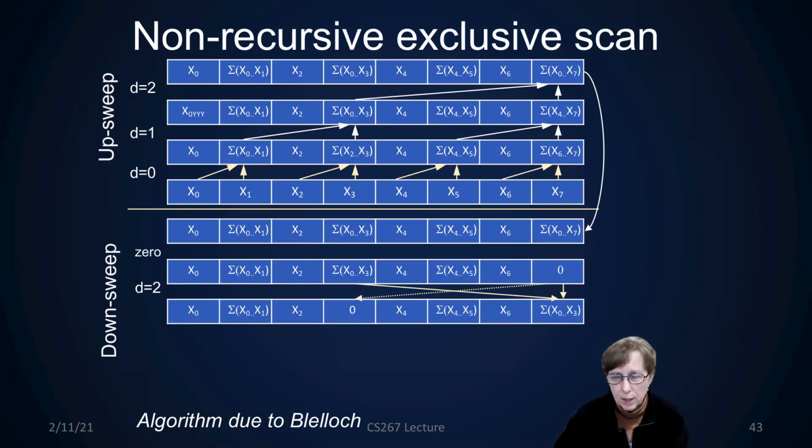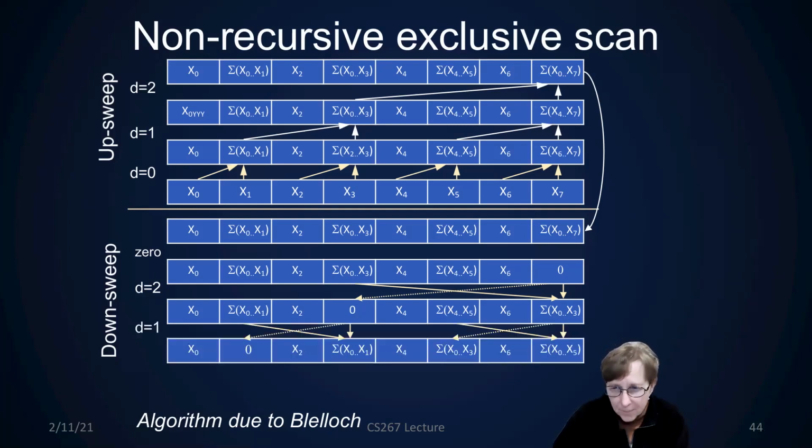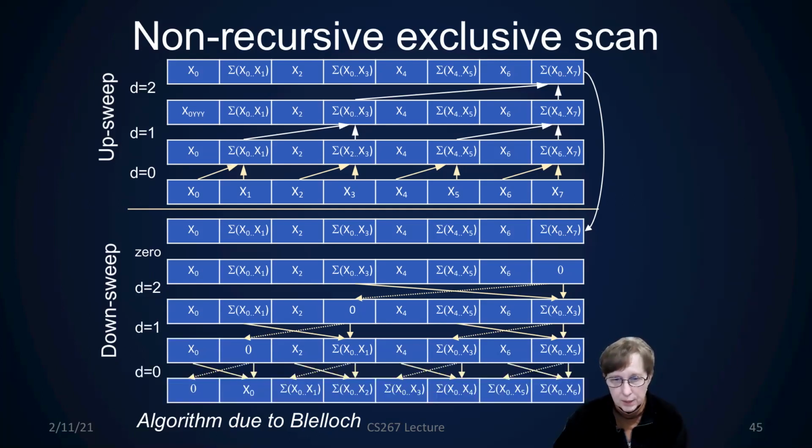We look at these long-distance things 4 apart, and we swap the 0 into this position with the x0 to 3, which is the sum of things from 0 to 3. Then for d equal to 1, we swap things that are 2 apart. And for d equal to 0, we swap things that are 1 apart. And conveniently, we've now ended up with the partial sums in the final output array.